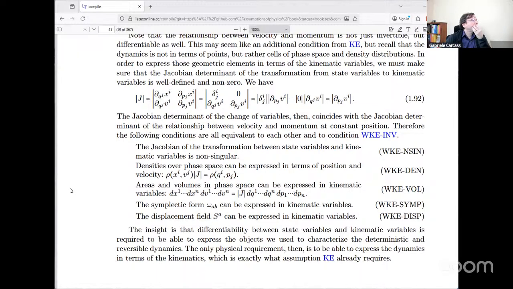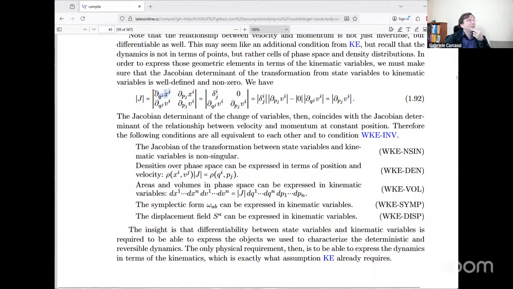So the thing that I think is interesting here is that this is the Jacobian of the transformation that goes from position and momentum to position and velocity. What happens is that the position is still the position, so the position is only going to be a function of the position. It doesn't change, so this term here is zero, because you're changing the velocity to the momentum, but the position remains the position.